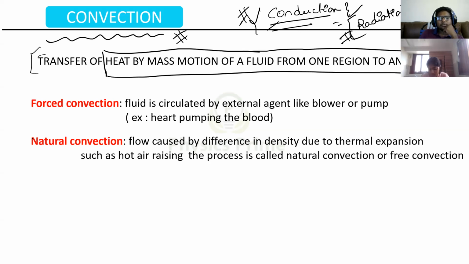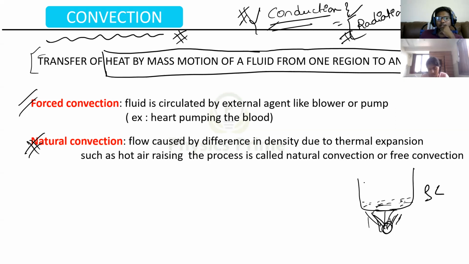The types of convection we can see are forced convection and natural convection. As an example of natural convection, if a beaker is heated, the molecules close to the burner will have a lower density than the molecules away from the burner.